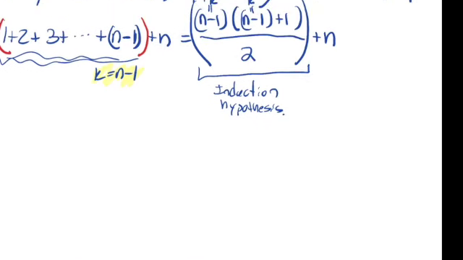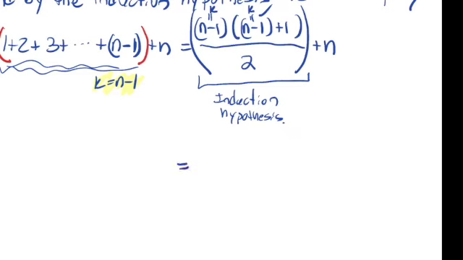Okay, and now we want to simplify this. I can add these by putting them over a common denominator. So I've got n minus 1, and when I take n minus 1 plus 1, that just gives me n. To put them over a common denominator, I'm going to multiply that n by 2 over 2.